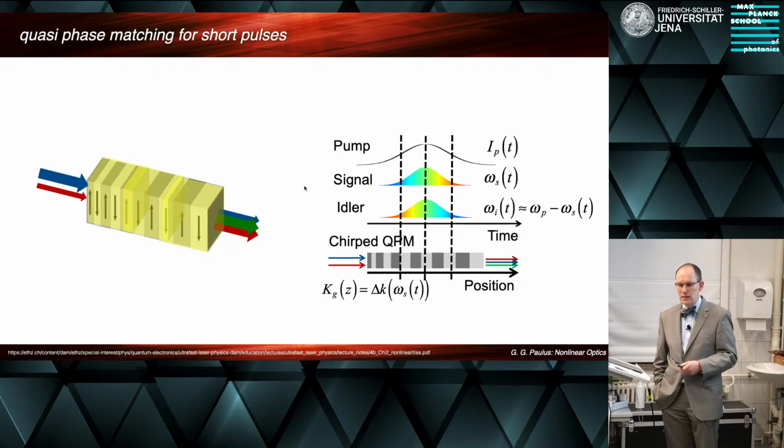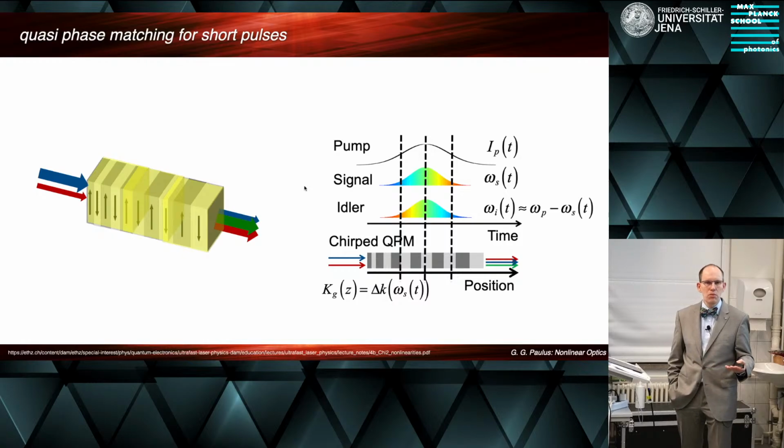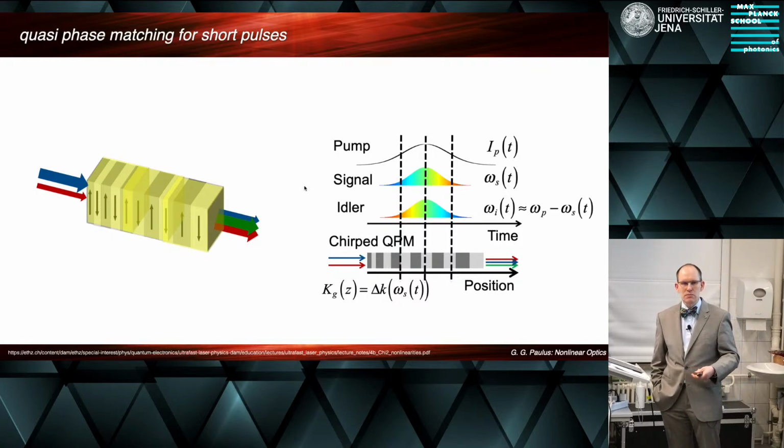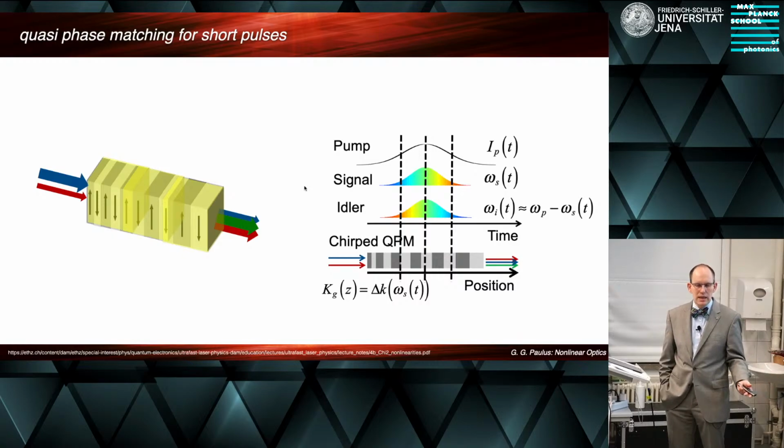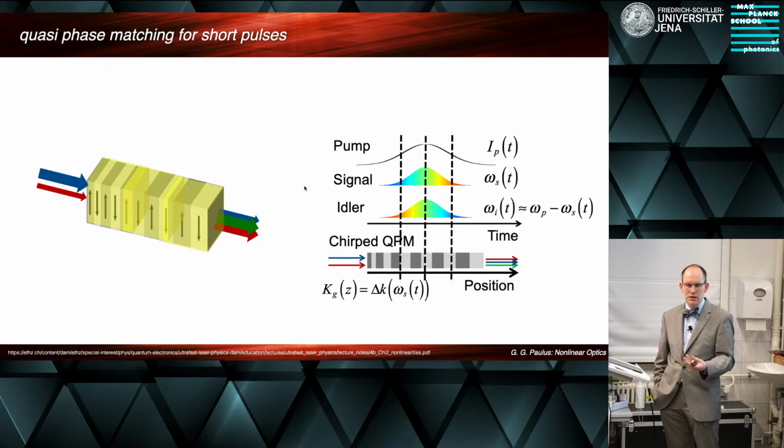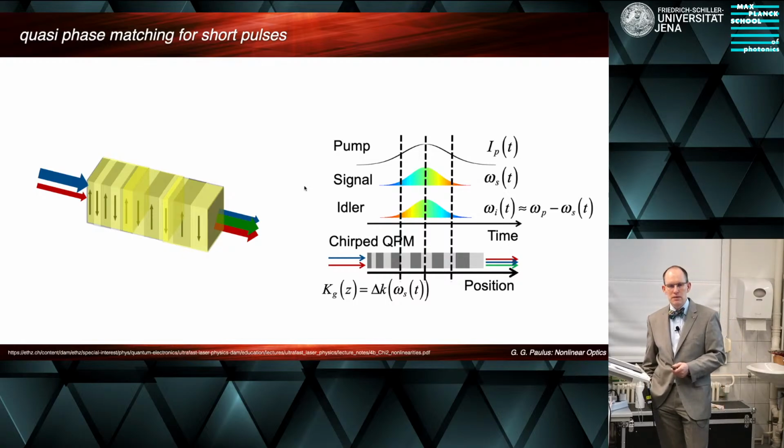Yeah, so what you see is that this now offers a lot of flexibility, and actually periodically poled nonlinear crystals are getting more and more abundant. So if you look in the catalog of, say, Thorlabs, there you find actually a tutorial where they explain the different uses of periodically poled lithium niobate.